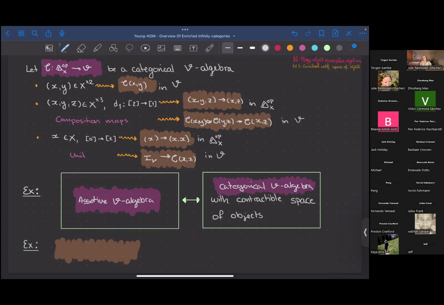A key example is that for a monoidal category V, we can consider its monoidal unit as a V-enriched category, or a categorical V-algebra with just one object. It will go from delta up, then just a point, into V, and it will just take the point and send it to the monoidal unit.